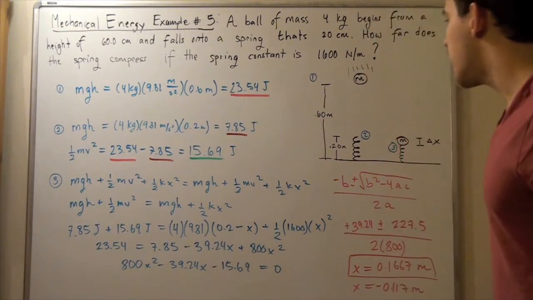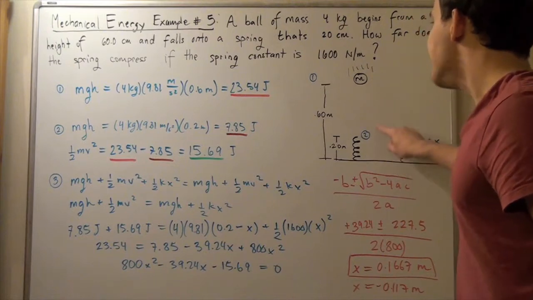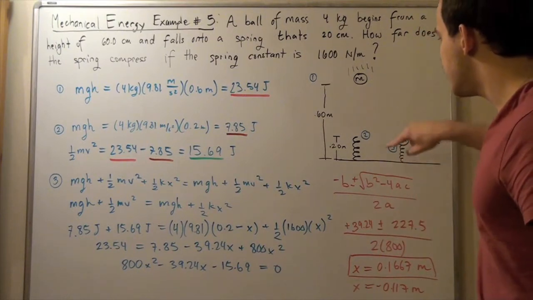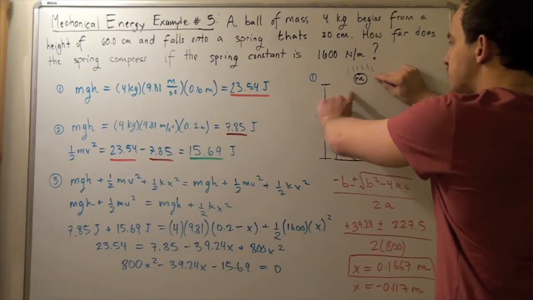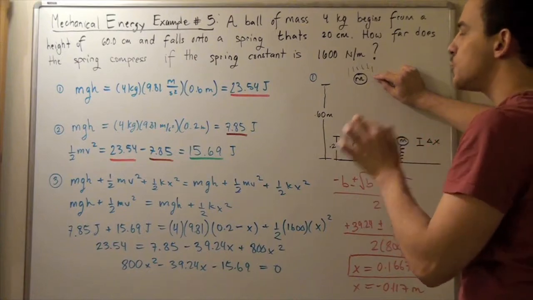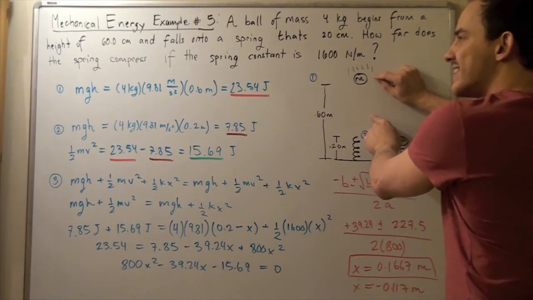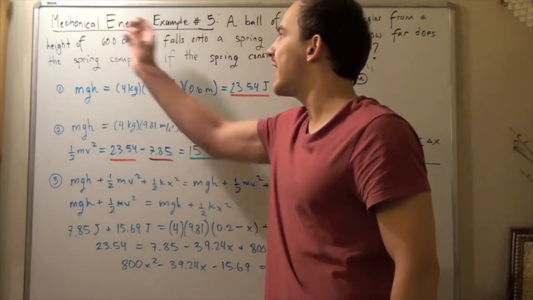So now let's look at position 2. I want to find what my kinetic energy is at point 2. So remember, some of this gravitational potential was converted to kinetic energy because we're assuming no air resistance exists, and so we can assume that there is a conservation of mechanical energy.